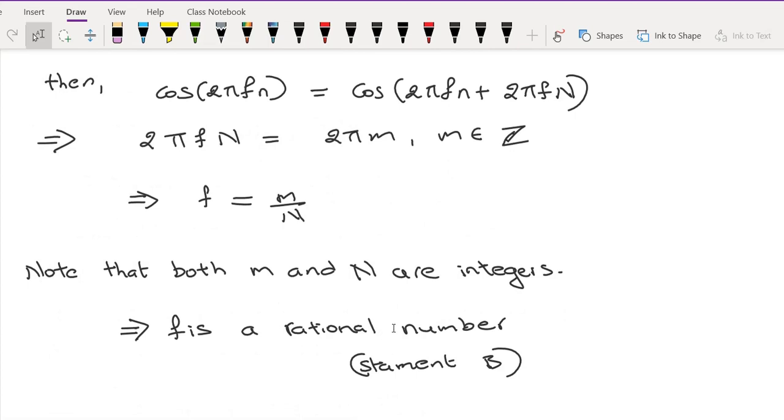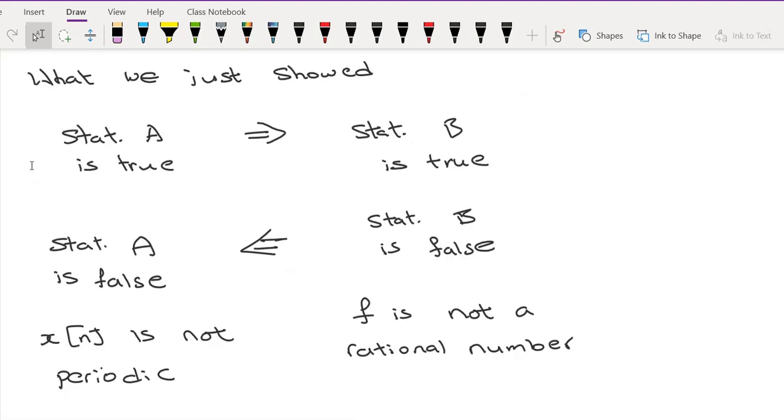Let's take a minute to look at the logic here. Let's say f is a rational number is statement B. What we showed above is if statement A is true, then that implied that statement B is true. If you use the rules of logic, what that means is if statement B is false, then statement A is false.